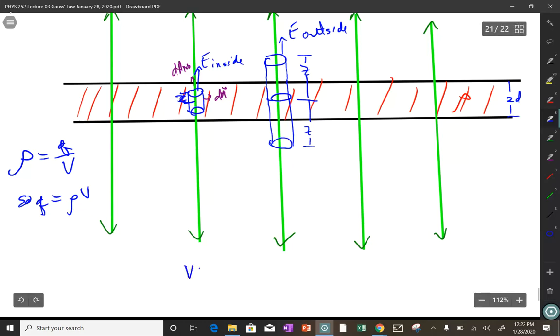We have a cylinder, so the base has an area of pi r squared. And then we have to multiply by the height, which is 2z because we did it symmetrical.